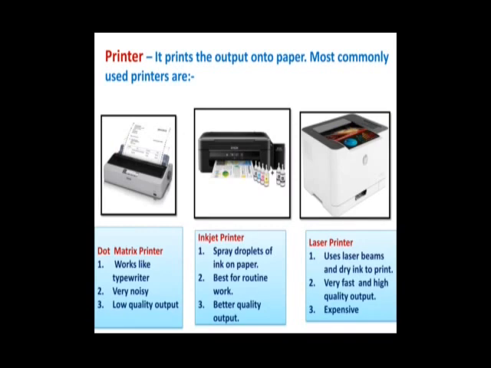Okay, so the first point written here is that dot matrix printer works like a typewriter. If some of you got the chance, if you have seen the typewriter, those who have not seen, request your parents that they'll just show you a small video of how a typewriter used to work. So they work very similar to the typewriter. They create the impressions by striking on the paper.